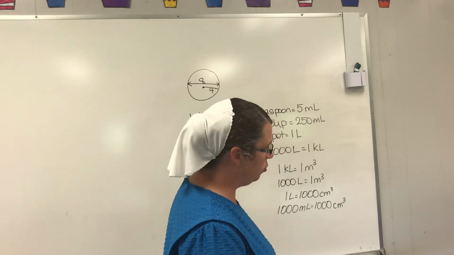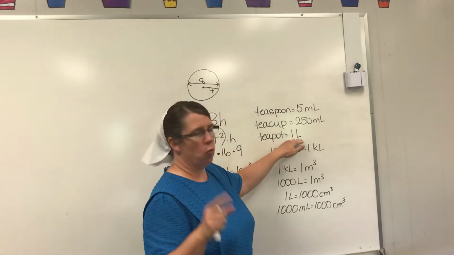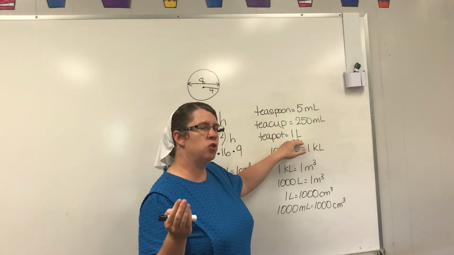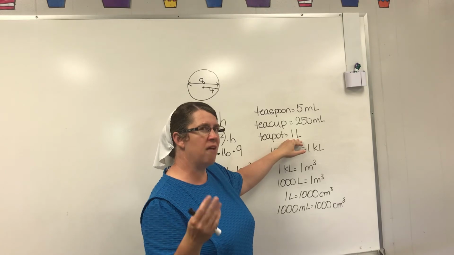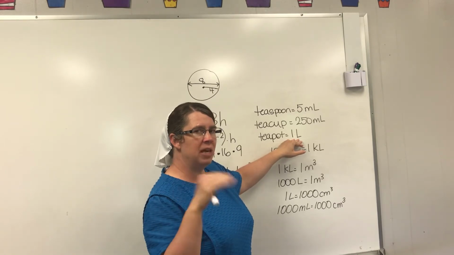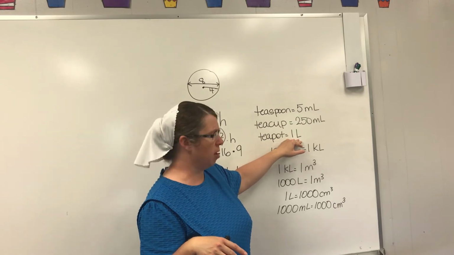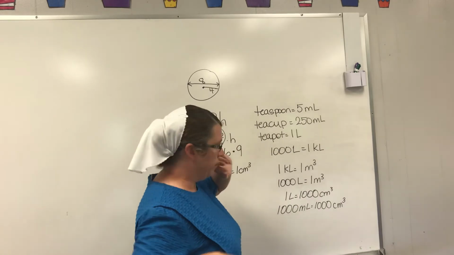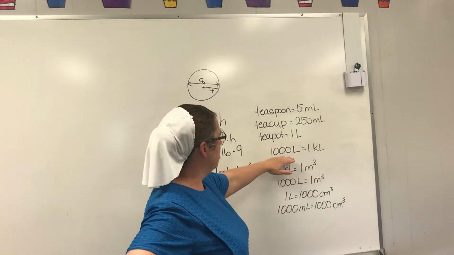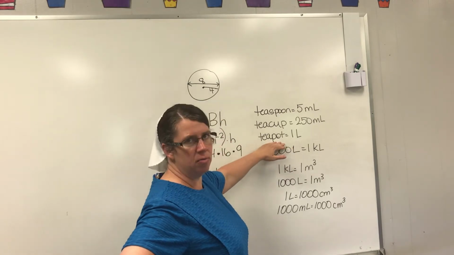Does that thing hold 25 liters? Okay, remember a teapot is 1 liter. So could we get 25 teapots into a garbage can? I think we could easily get that much in a garbage can. How about 25 kiloliters? Now, let's look at this. There's 1,000 teapots. Let's just say that.